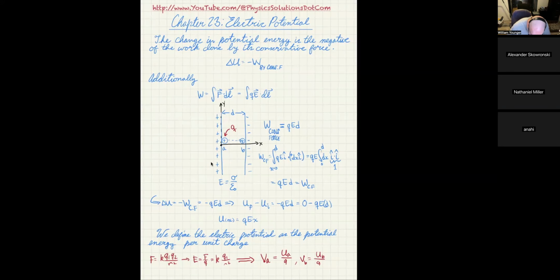I guess I drew closer to a square than to a circle on that one. We're going to do it again over here. So this, in fact, is a negative charge at B and then a negative charge at A.